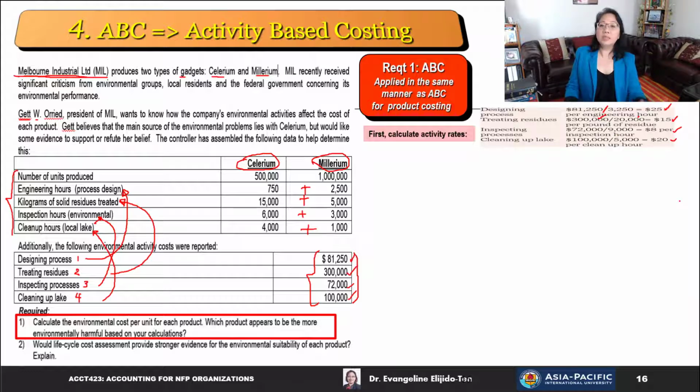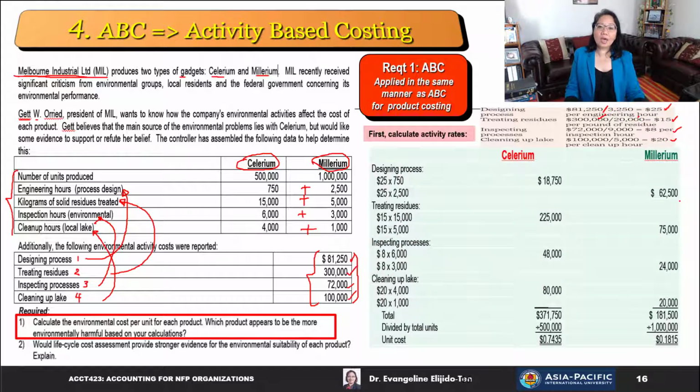So once we've got the activity rates, we can now allocate to each of the 2 products, Celerium and Millennium. So for designing process, Celerium uses 750 hours. So 25 times 750 is 18,750, and 25 times 2,500 is 62,500.